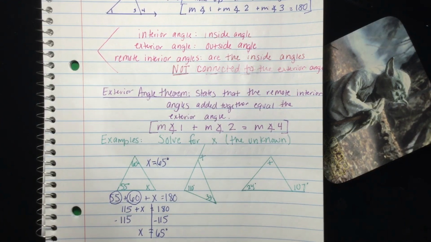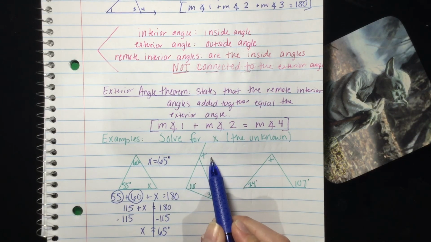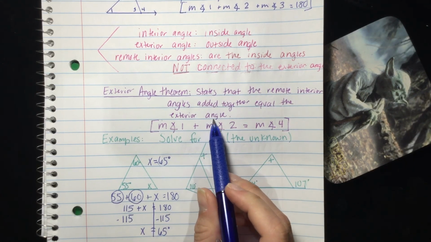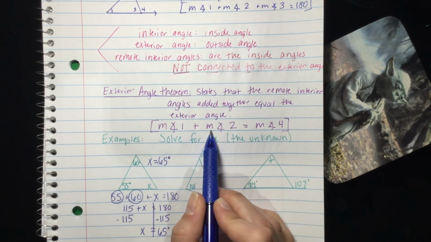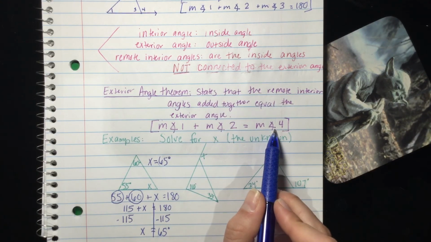Okay, example number 2, a little bit more tricky, but we have two remote interior angles, and then we have our exterior angle. So we know that if we look back at our exterior angle theorem, it states that the measure of angle 1 plus angle 2 equals the measure of angle 4.